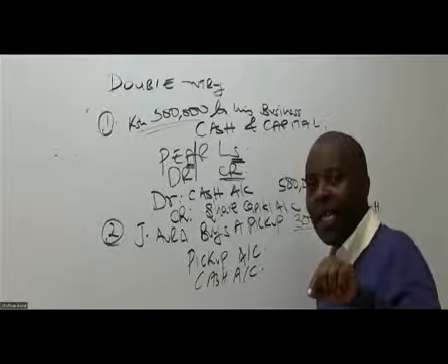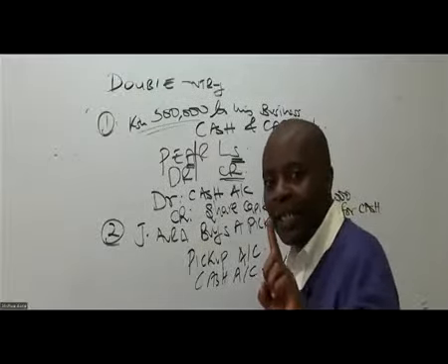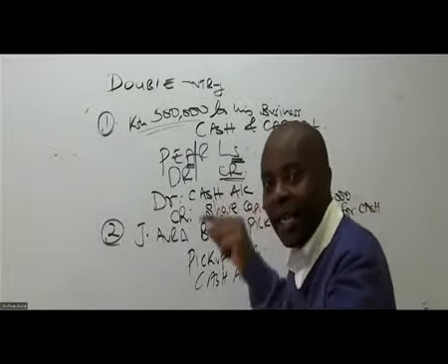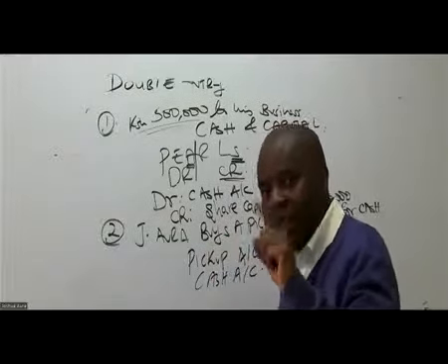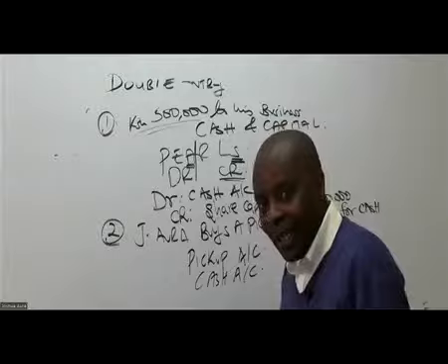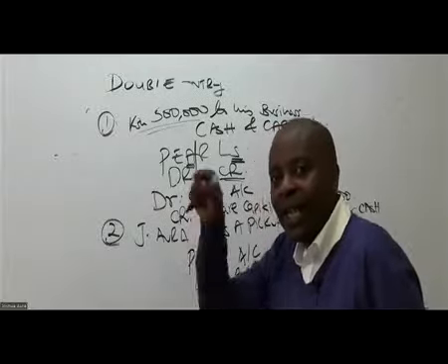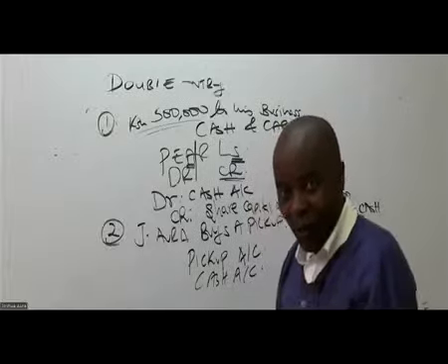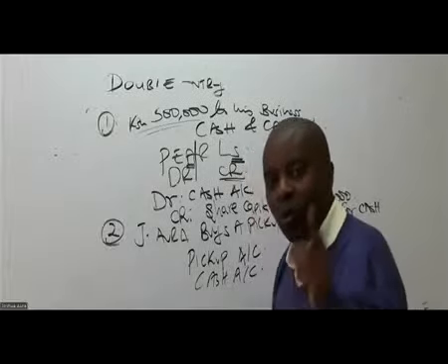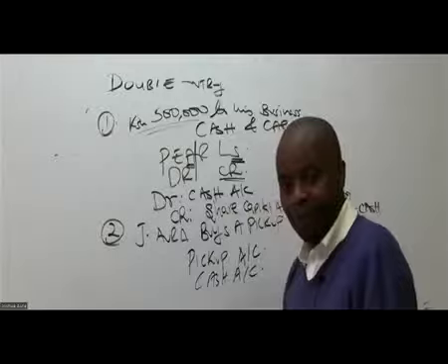So what does it mean when assets decrease, when assets go down? When they go up, when they increase, we are debiting. When an asset reduces, we shall be doing what here, somebody? We shall be crediting.